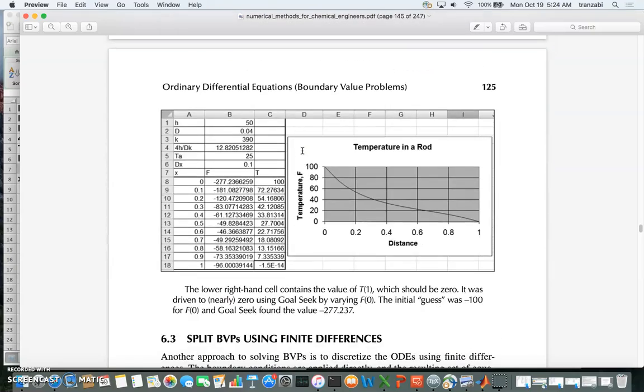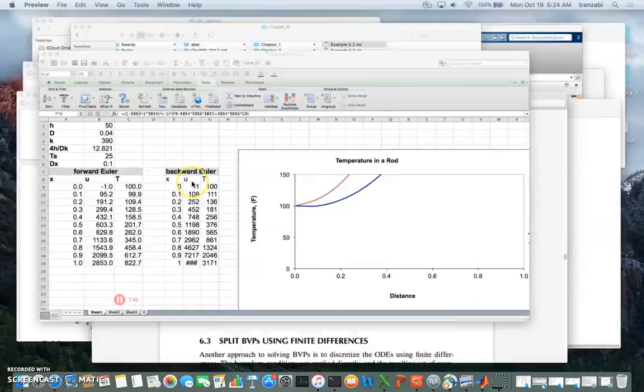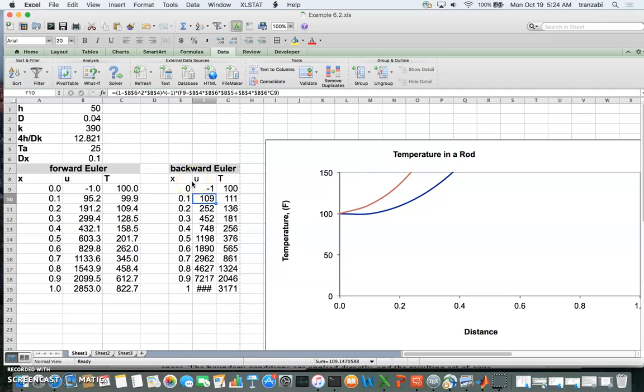Okay? So I'm going to jump in directly to the spreadsheet. Here is the solution for the heat conduction problem in the rod. These are the problem constants: H, D, K, right? You can also go ahead and calculate 4 times H over dk using these three constants to make life simpler down the road.